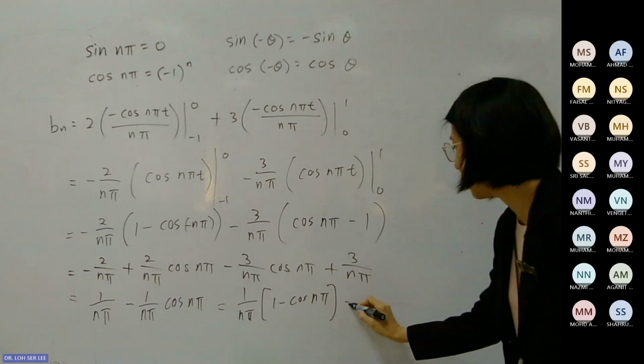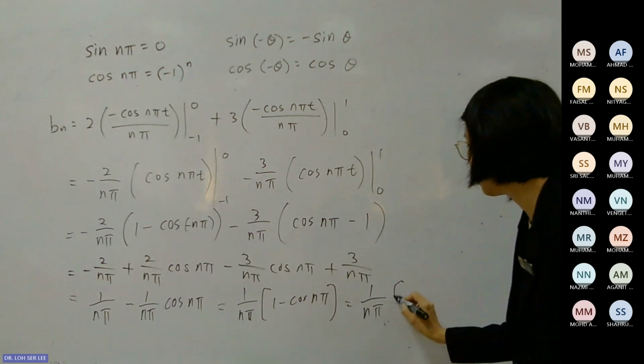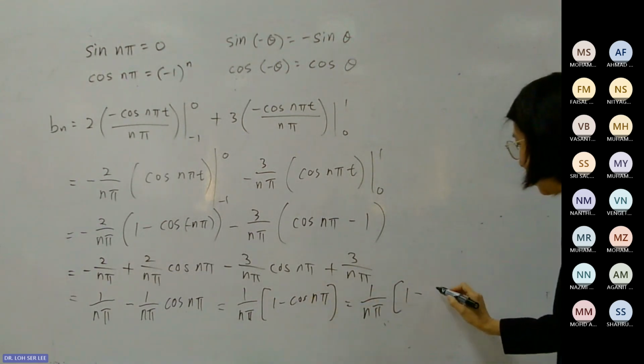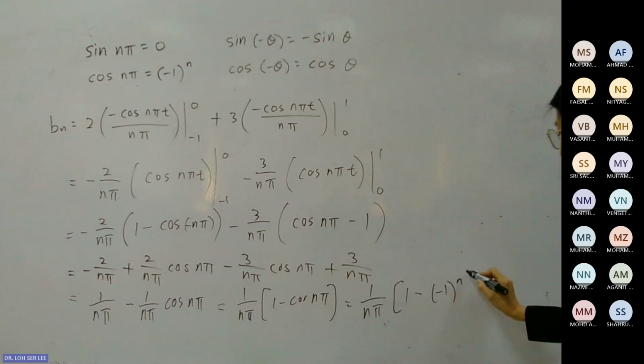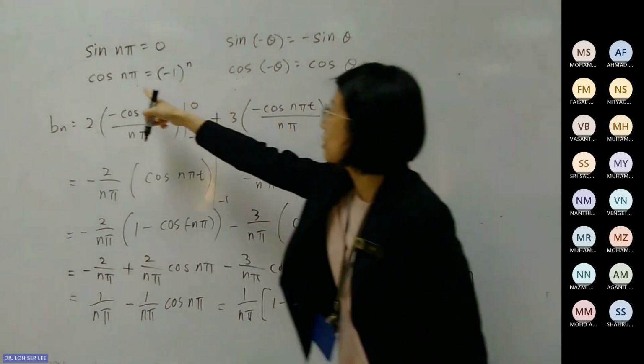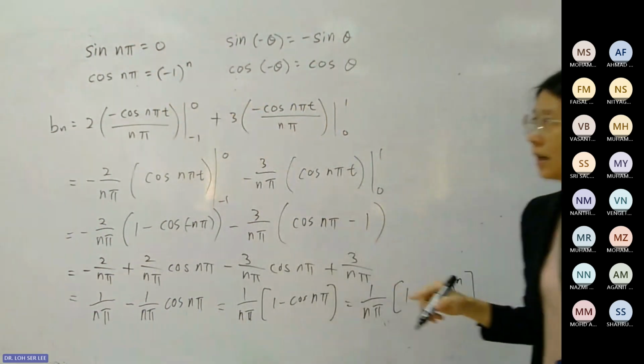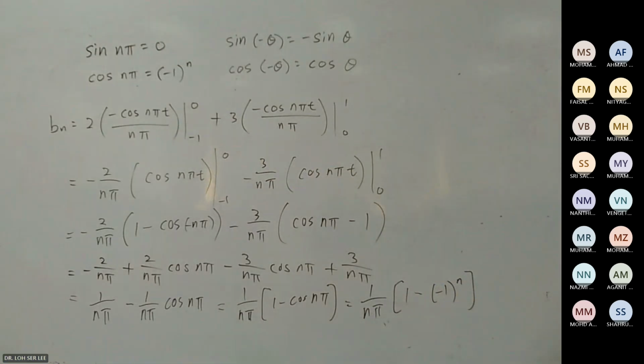And lastly, we will substitute the cos n pi as -1 to the power of n. So this is your Vn.